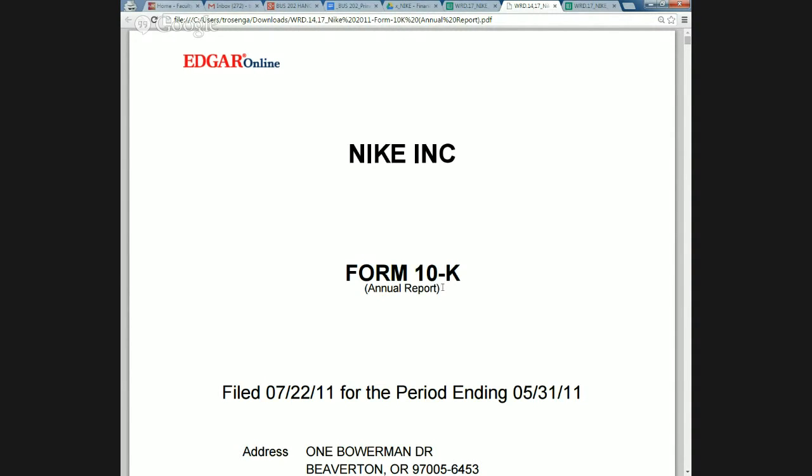Now, as your outlines would indicate, under Part 4, there are three items that are required of every annual report: the management discussion and analysis, a report on internal control, and the auditor's report on the financial statements themselves.